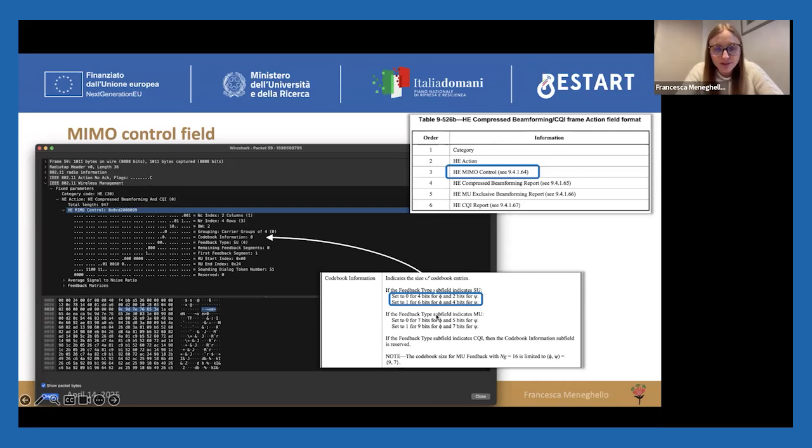Here is a screenshot from the standard where you can see that for this feedback type, so single user MIMO, if we use codebook 0, it means that we are using 4 bits for phi and 2 bits for psi. And then we have other combinations for different codebooks and for multi-user MIMO.